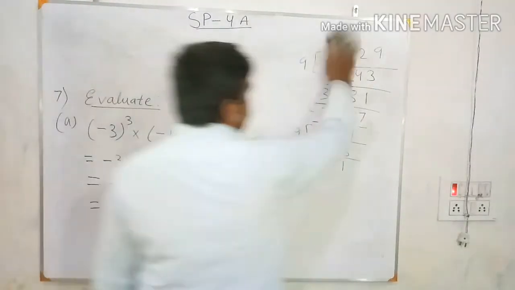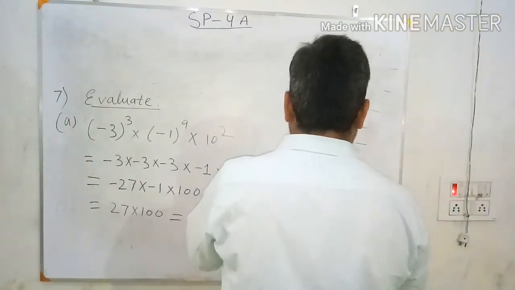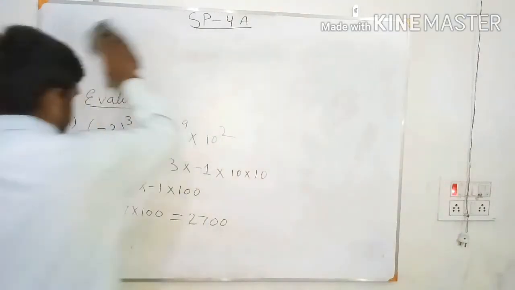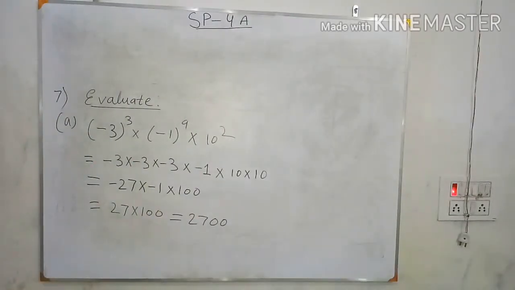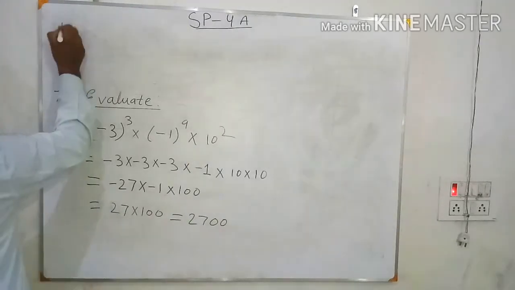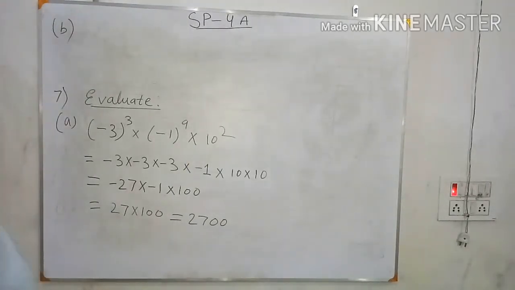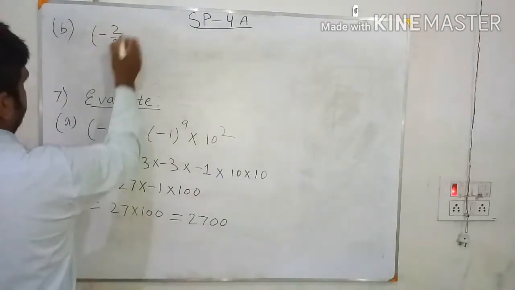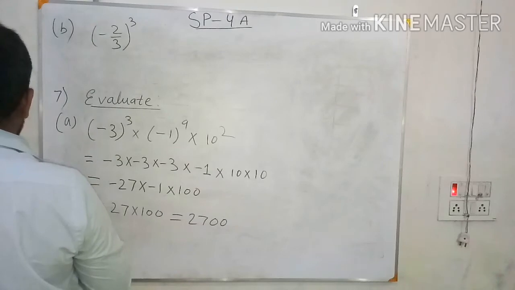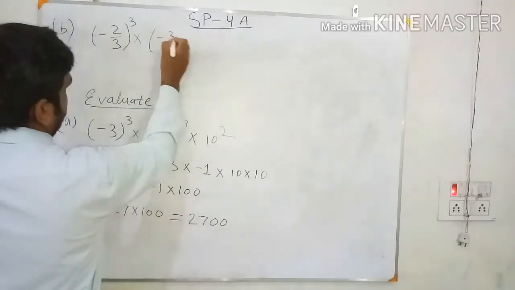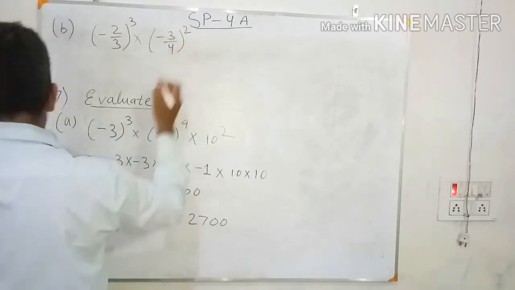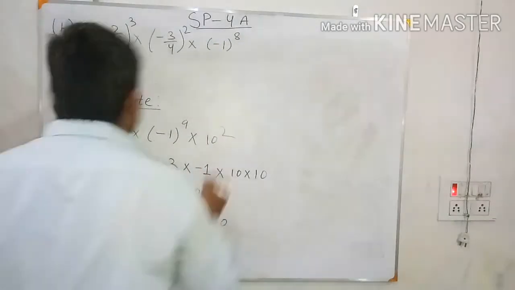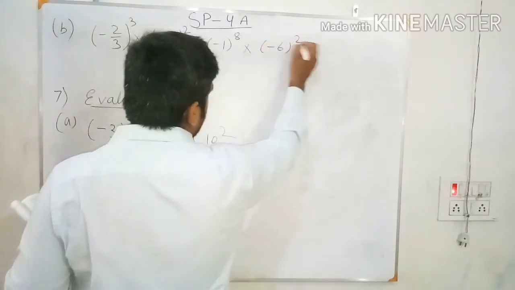Now I move to the next question. Seventh B. Question is minus 2 by 3 cube multiply minus 3 by 4 square multiply minus 1 to the power 8 multiply minus 6 to the power 2.